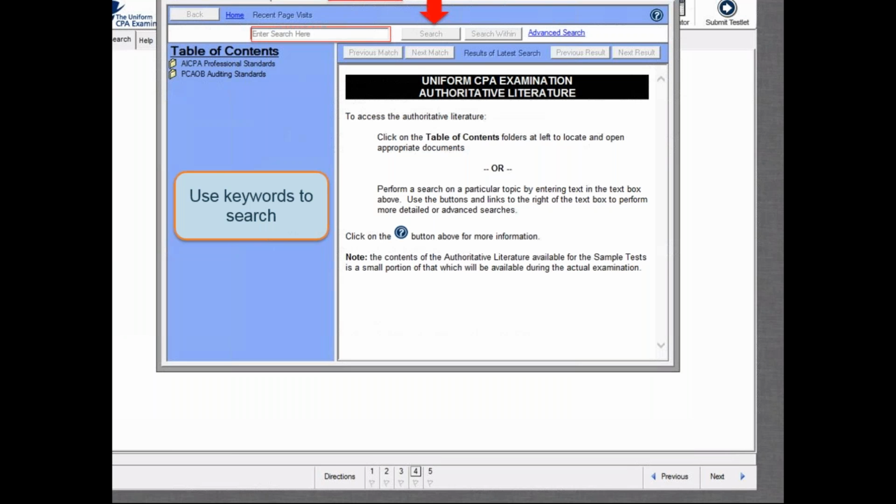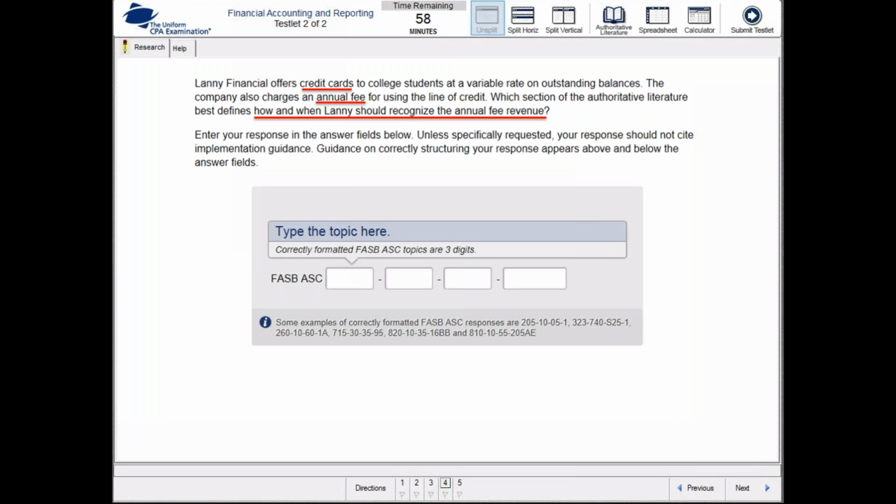So let's go back to the problem and actually read it this time. This problem reads, Lanny Financial offers credit cards to college students at a variable rate on outstanding balances. The company also charges an annual fee for using the line of credit. Which section of the authoritative literature best defines how and when Lanny should recognize the annual fee revenue?